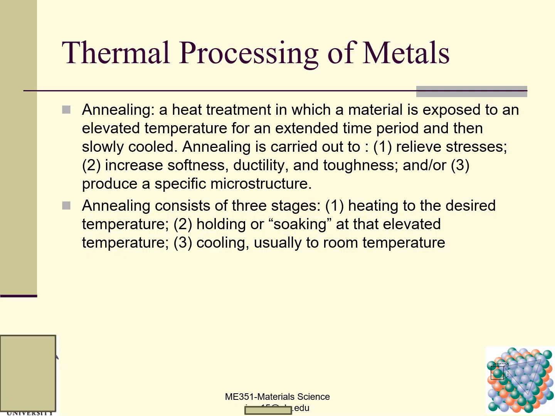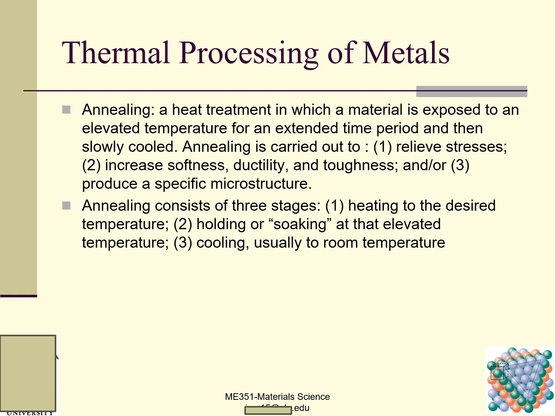Thermal processing of metals, we talk about heat treatment such as annealing. And so here is annealing. Annealing is a heat treatment in which a material is exposed to an elevated temperature for an extended time period and then slowly cooled. So this is how we do annealing.